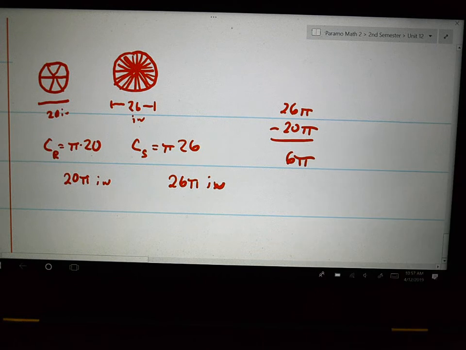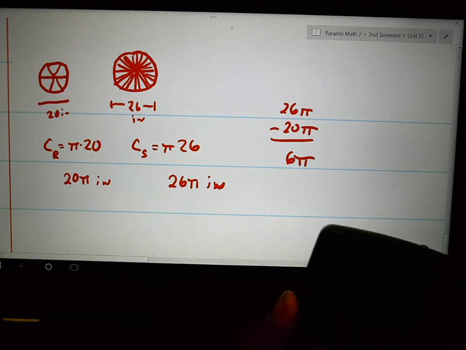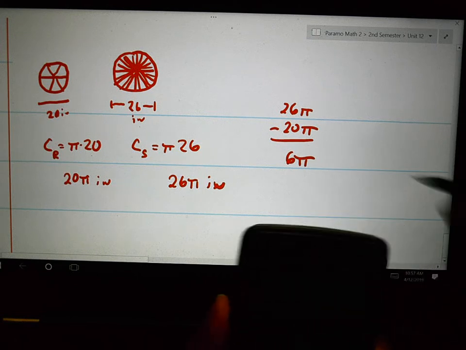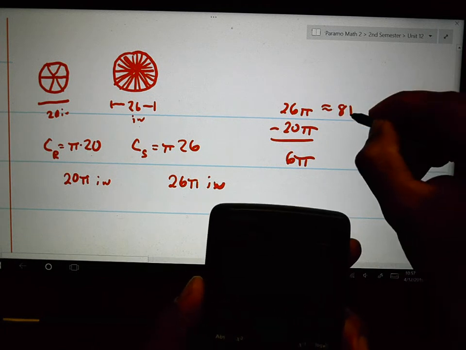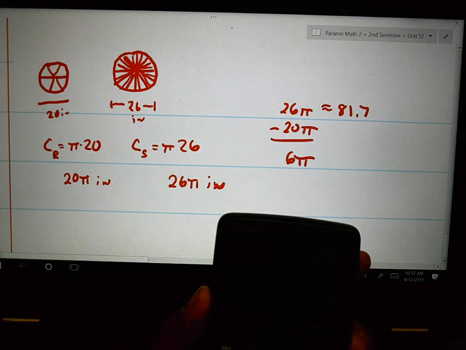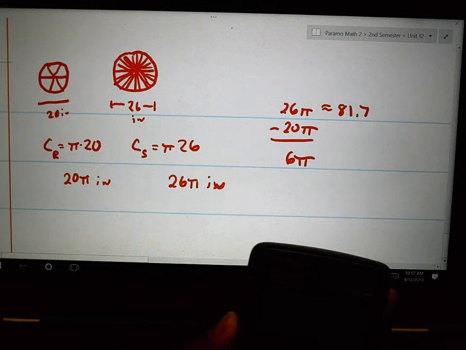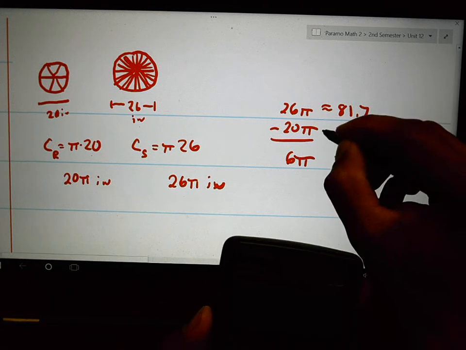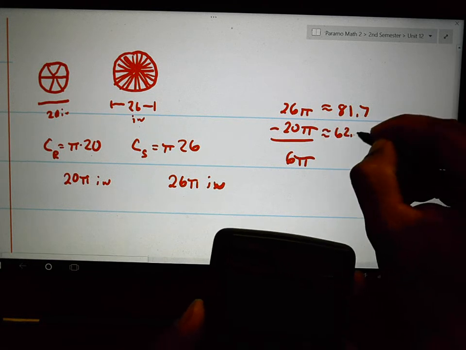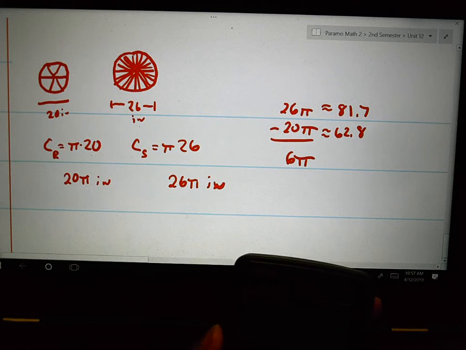And just to give you an idea of what that actually means, 26 pi is about 81.7 inches, whereas 20 pi is about 62.8 inches.